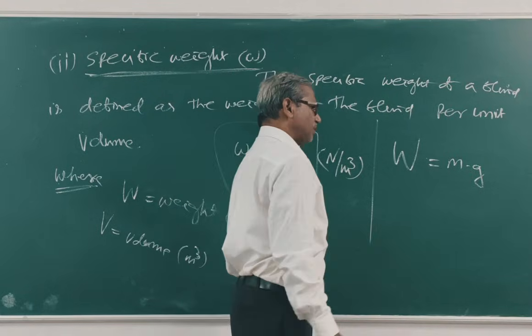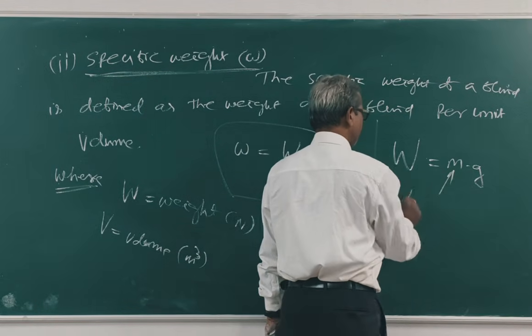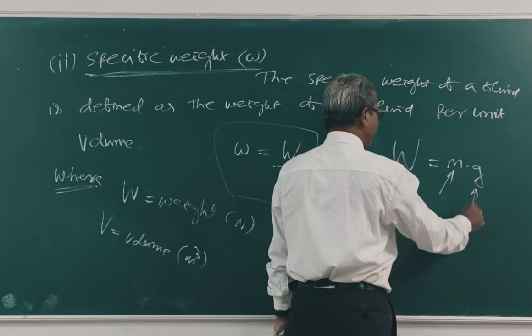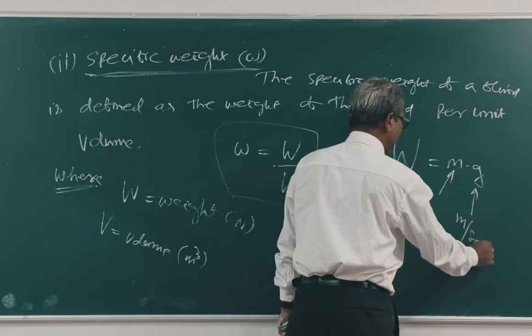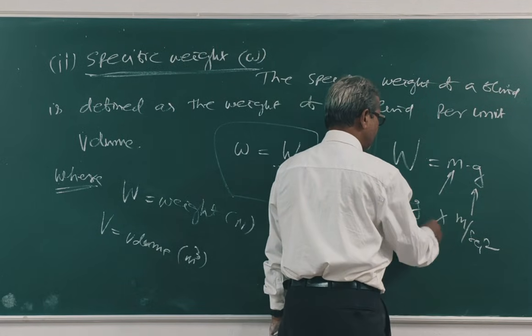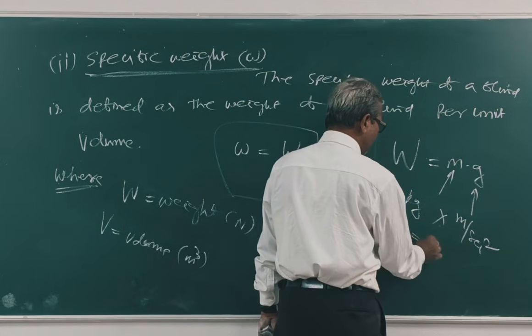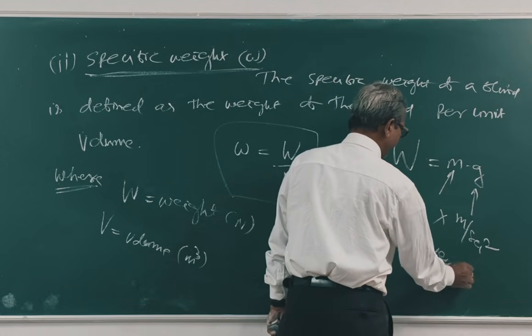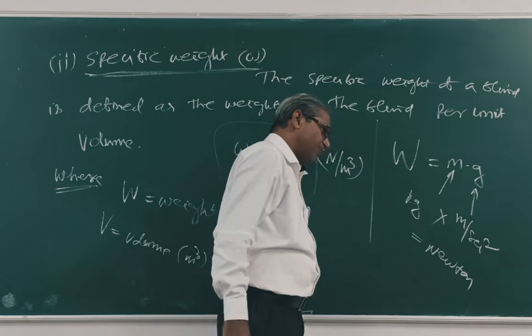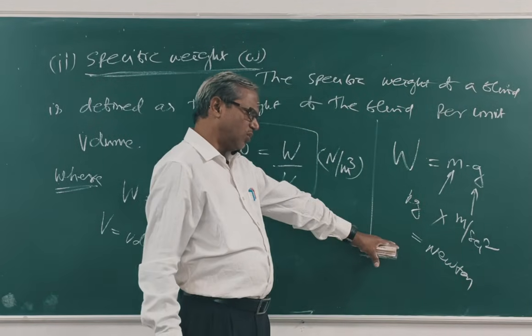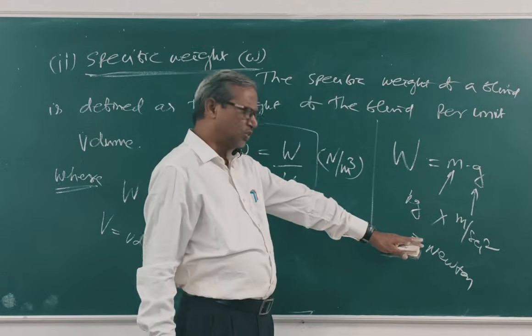What is the unit of mass? Kg. g is meter per second square. So kg meter per second square is Newton. Clear? Weight is kg into meter per second square, which is Newton.